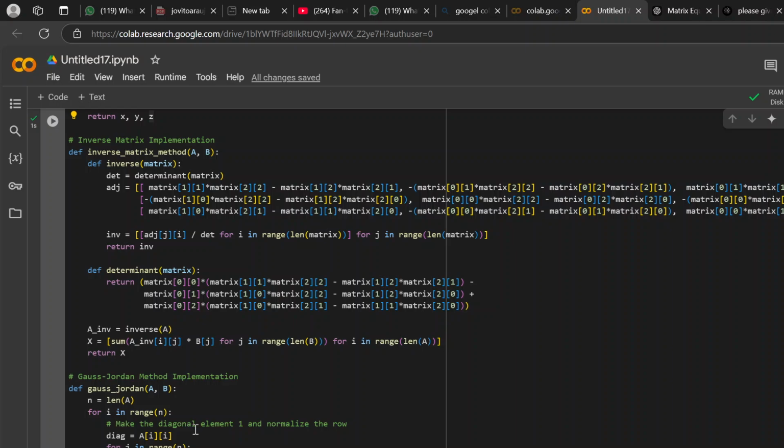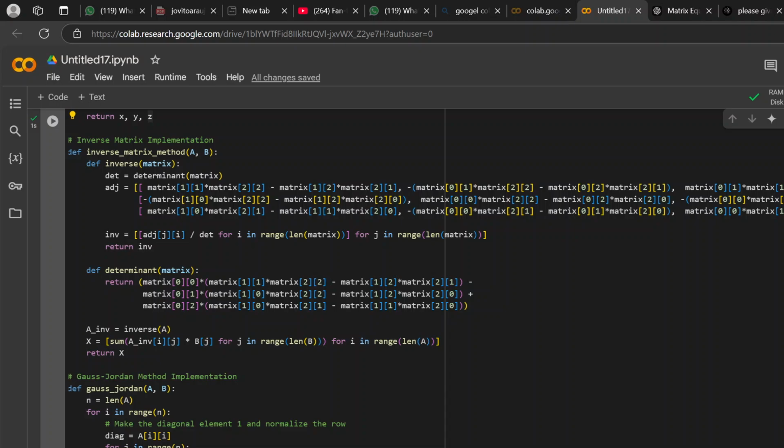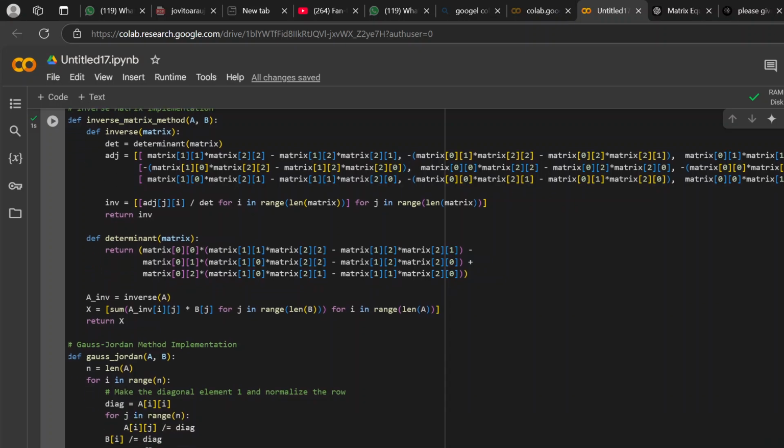So this makes the diagonal element 1 and normalizes the row. Diag stands for diagonal, and it equals A[i][i] for the matrix, for j in range n, and this is the code.